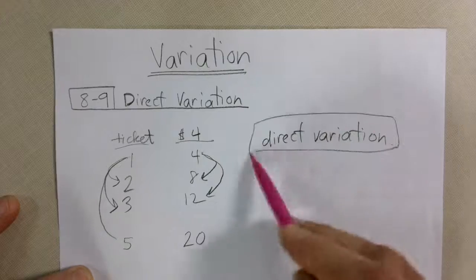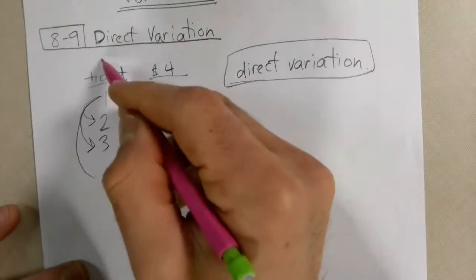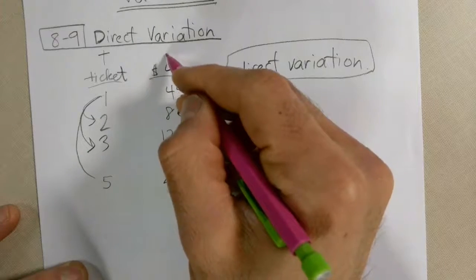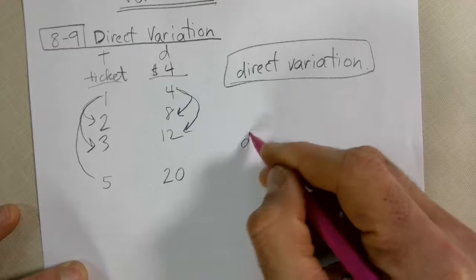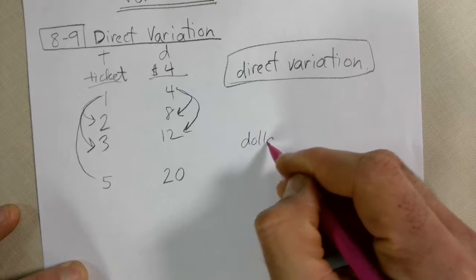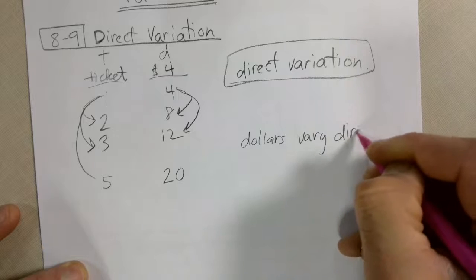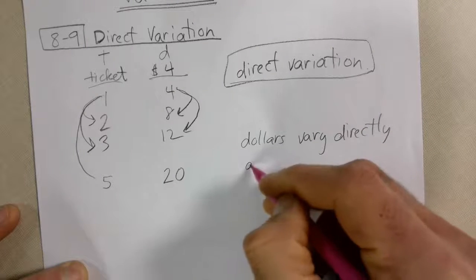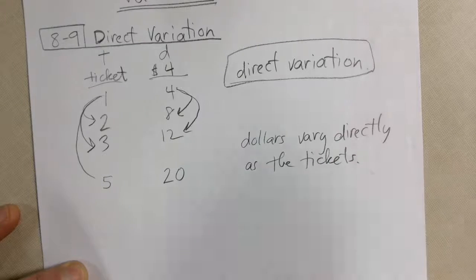Direct variation allows us to say that when you have something, let's say T for tickets and D for dollars, the dollars vary directly as the tickets.